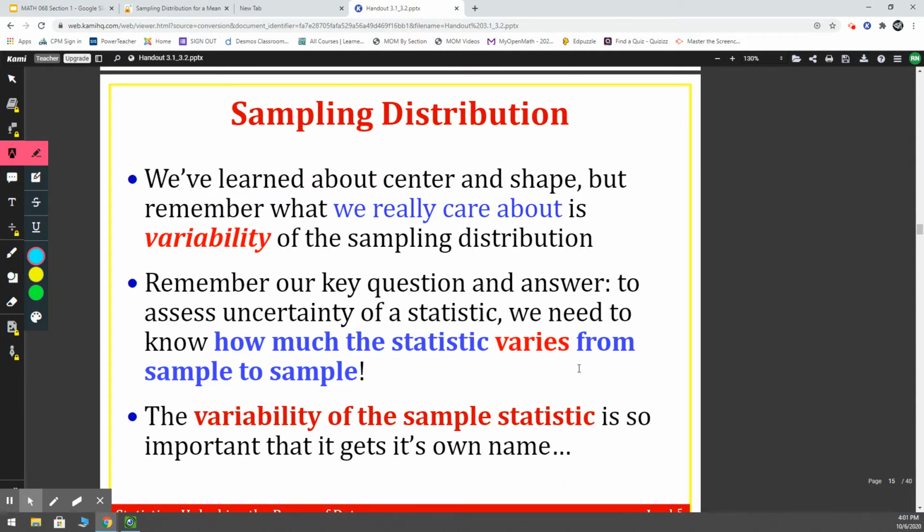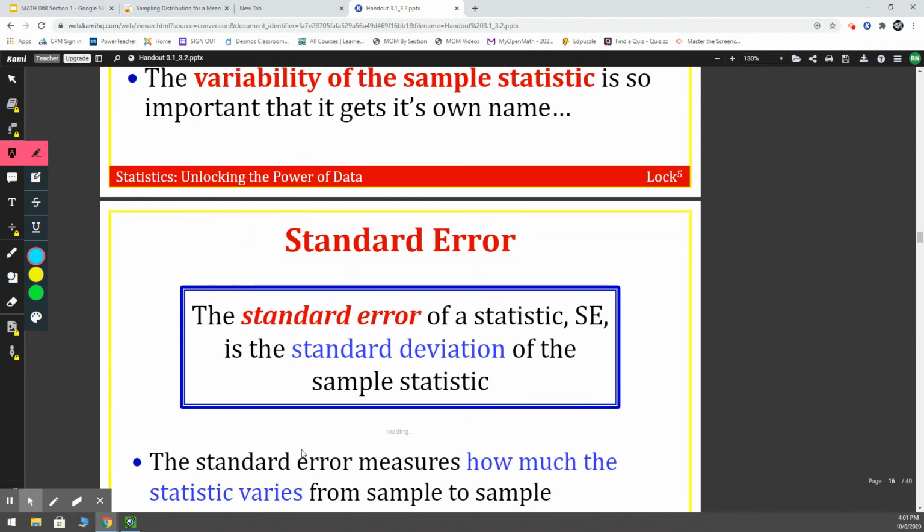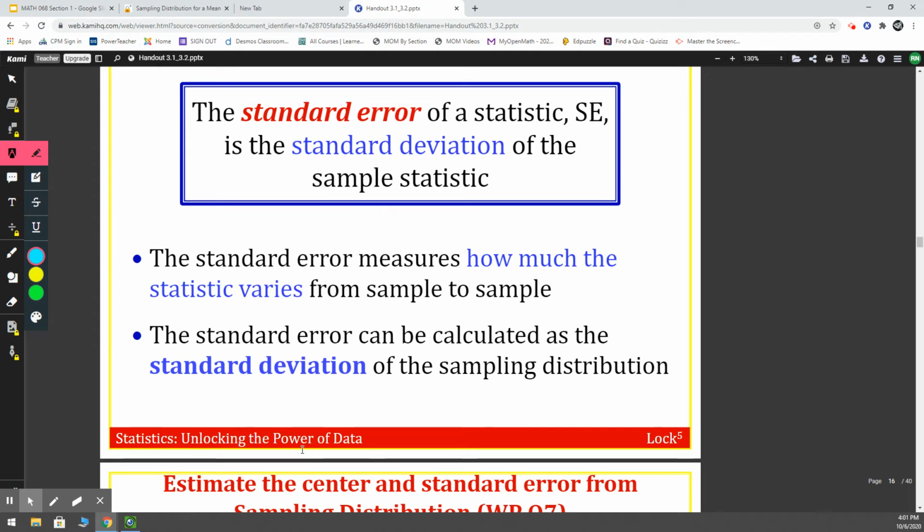Pretty cool, I know. The variability of the sample statistic is so important it gets its own name, and I just used it over and over again as the standard error of the statistic. The SE is the standard deviation of the sample statistic. Know that box in and out.